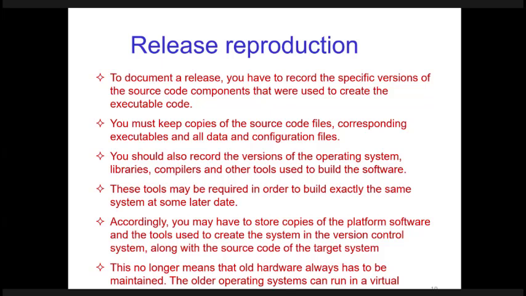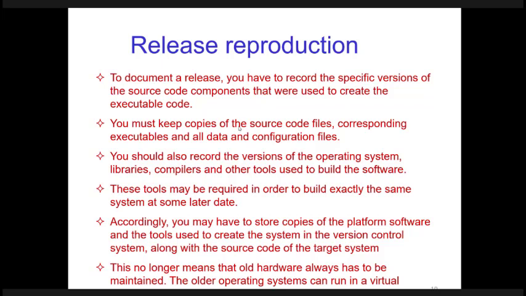So this slide explains what I said. When you are documenting a release, you have to record the specific version of the source code components that were used to create the code.